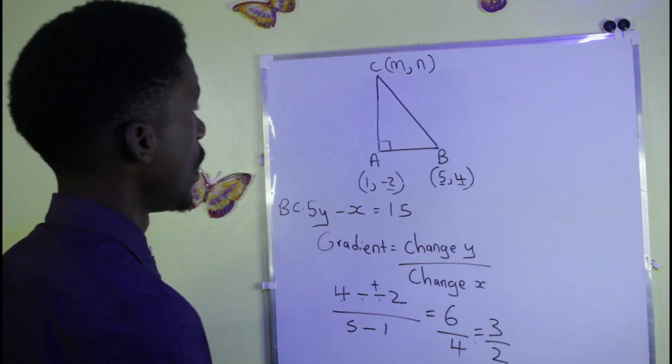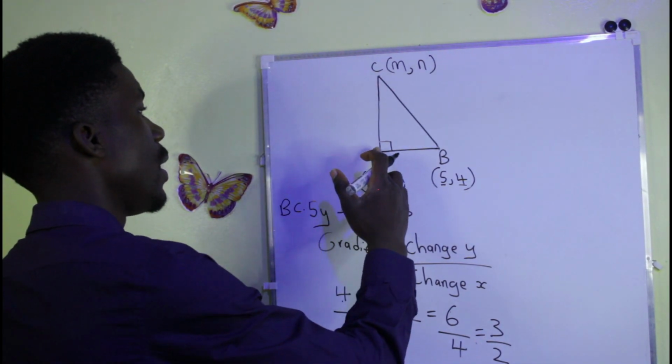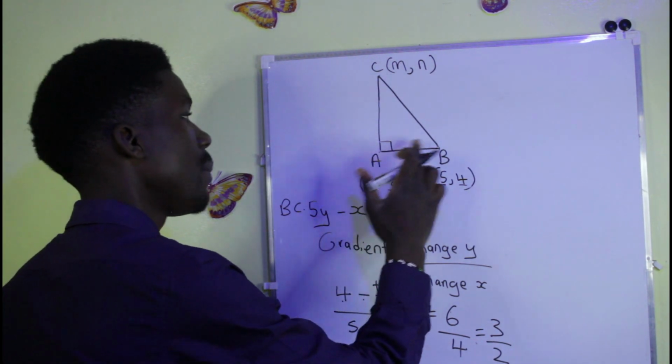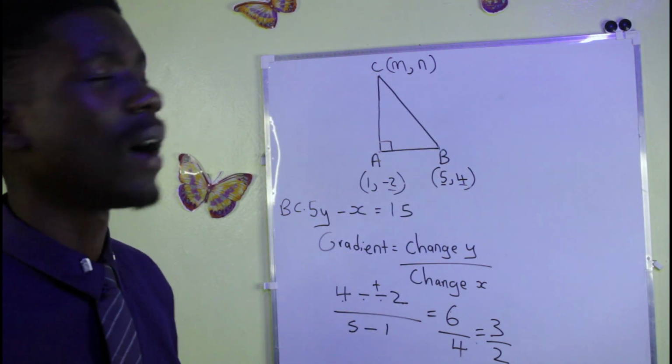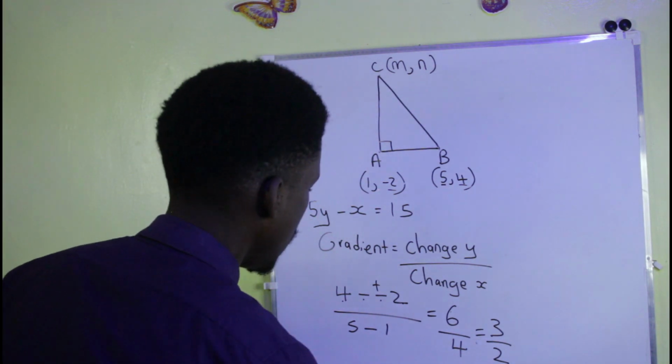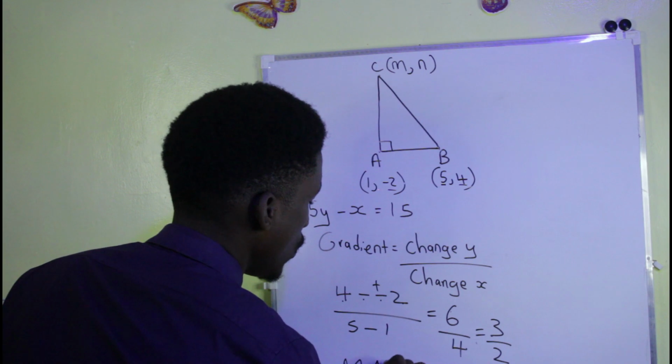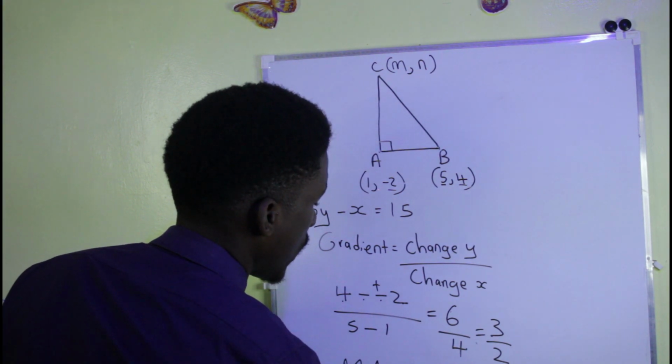So, AC is perpendicular to AB. We have that rule that m1 times m2 equals -1.